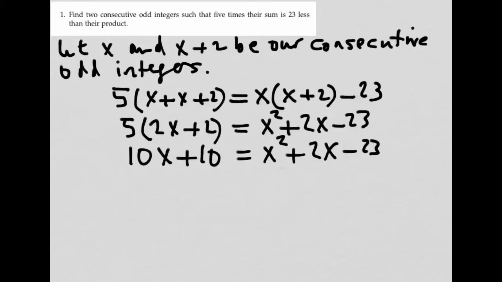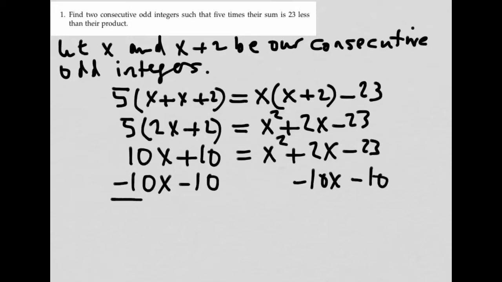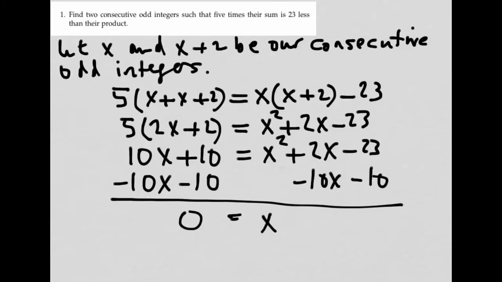If we subtract 10x from both sides and subtract 10 from both sides, we wind up with 0 on the right equals x squared minus 8x minus 33, which is obviously a quadratic equation.